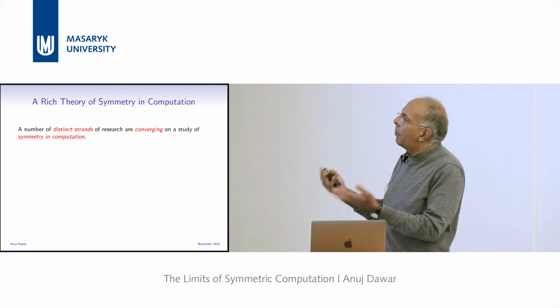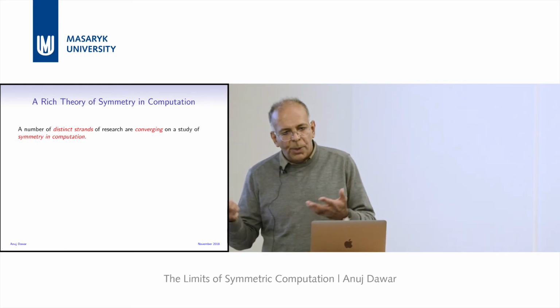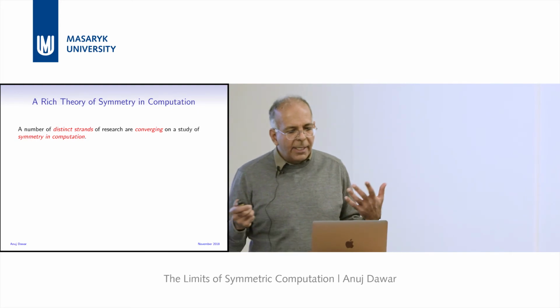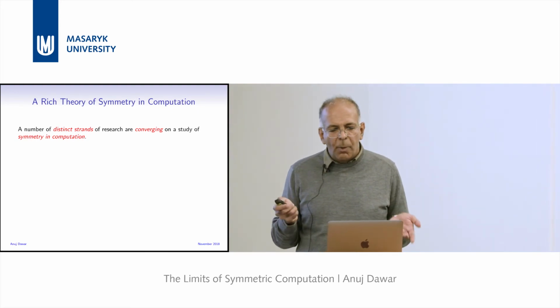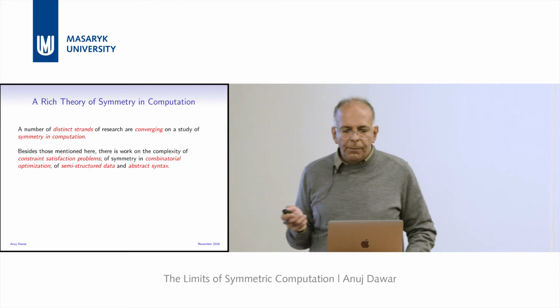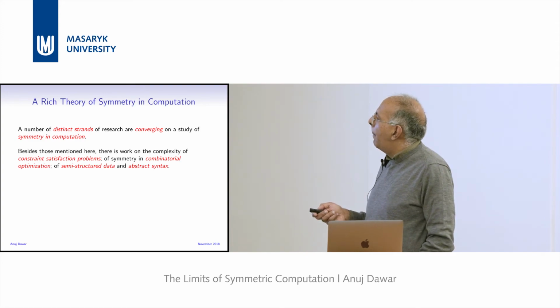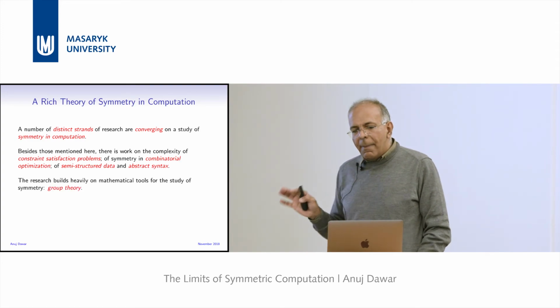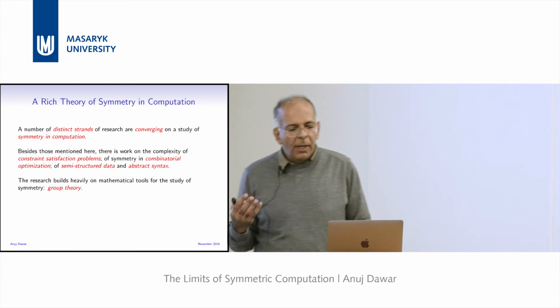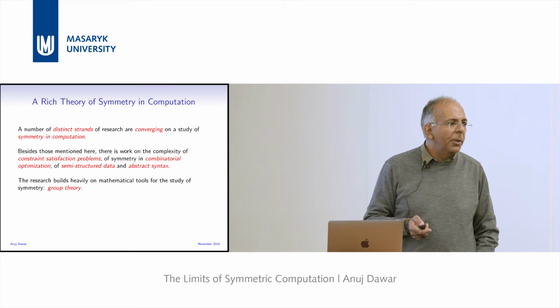I could have talked about work on the graph isomorphism problem or constraint satisfaction problems or even various things in databases where symmetry turns out to be an important consideration. And the same kinds of methods pop up. And the methods, which I have not said that much about, build heavily on the mathematical tools of symmetry, namely the study of finite permutation groups.